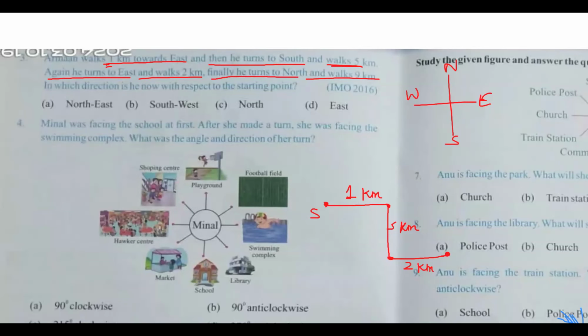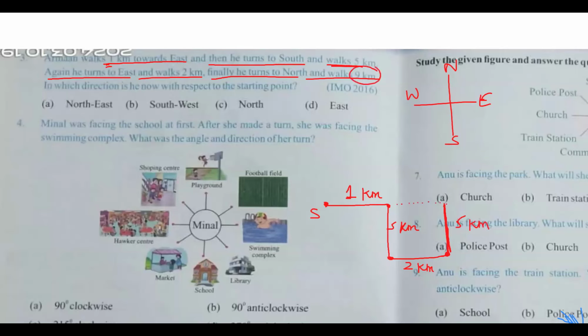All right. Now, how much will be 9 kilometers? See, if he has come till here, how much will be this distance? This will also be 5 kilometers, right? Till here it will be 5. Yes, ma'am. But he has walked how many kilometers?